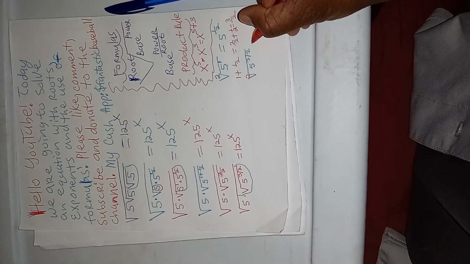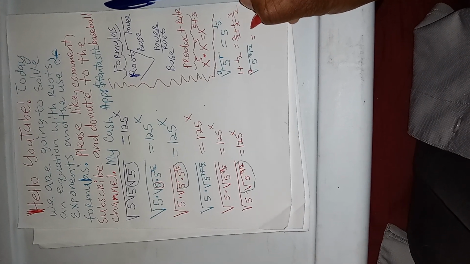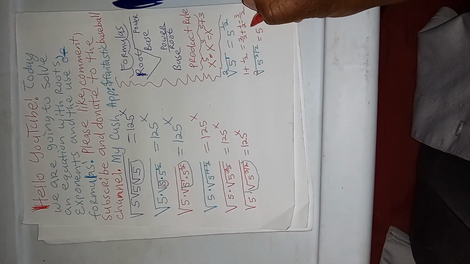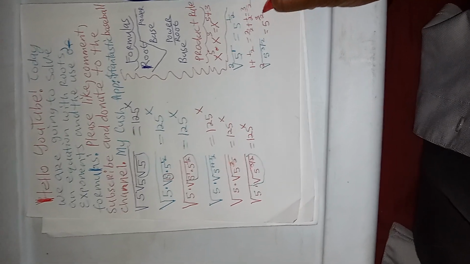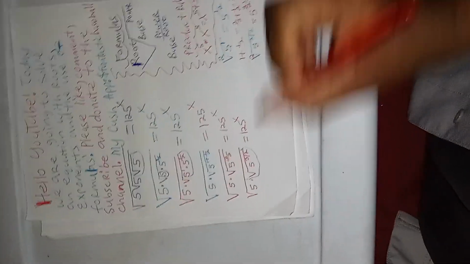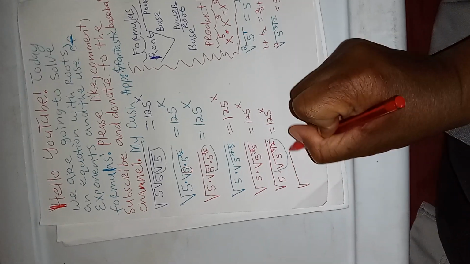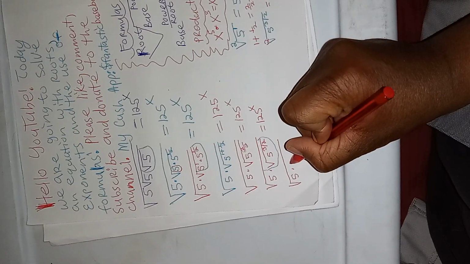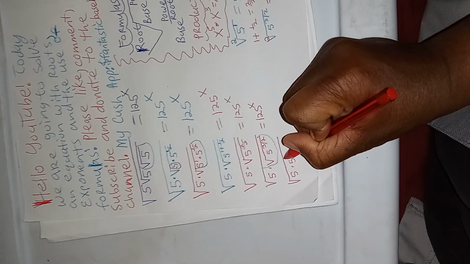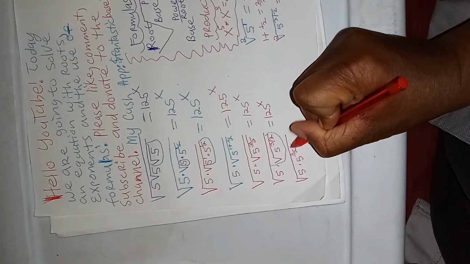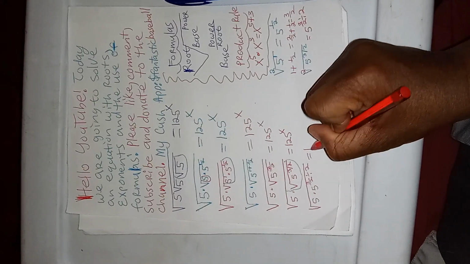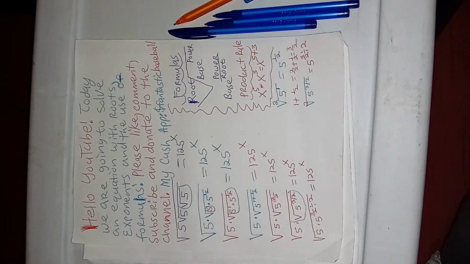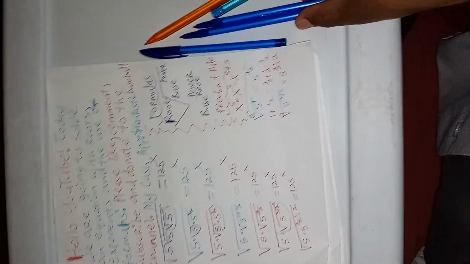So this could be rewritten as 5 to the 3/2 divided by 2. So 5 times 5 to the 3/2 divided by 2 is equal to 125 to the power of x. Okay, so let's have that marinate there for a little bit.